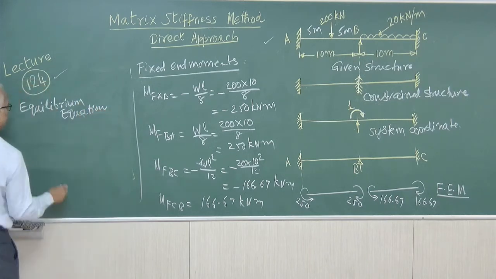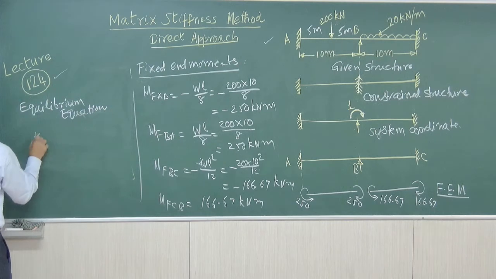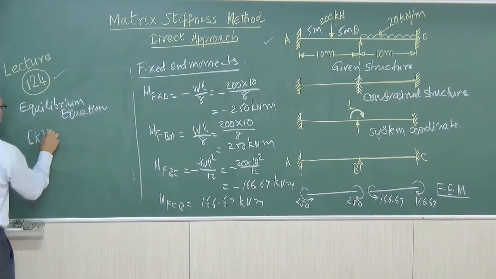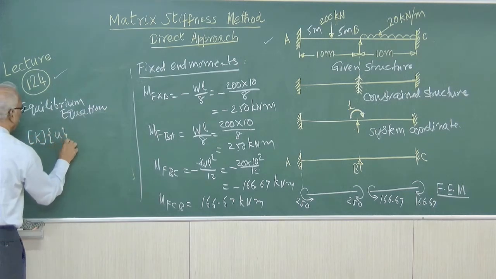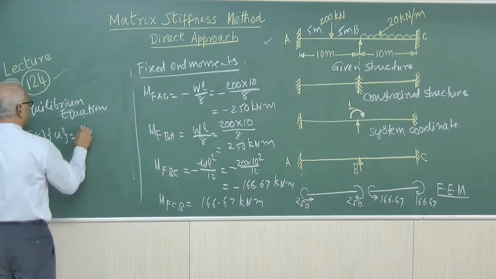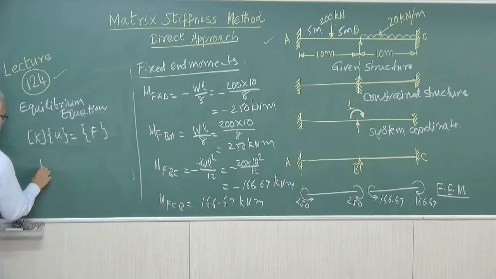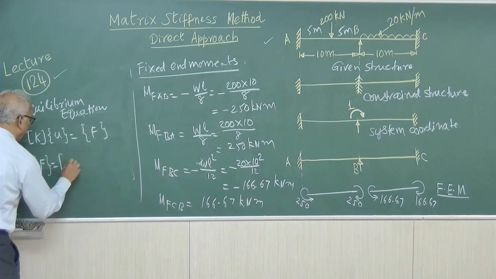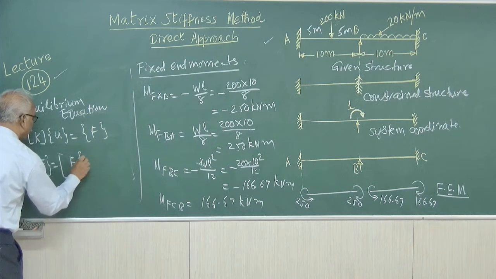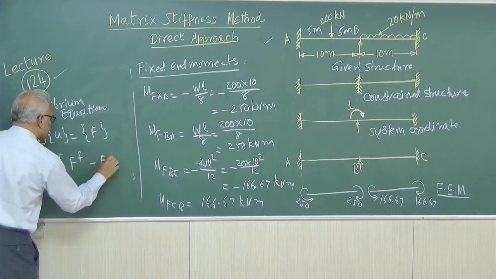The equilibrium equation is K into U equal to F. The F will consist of F equal to F_F minus F_0.